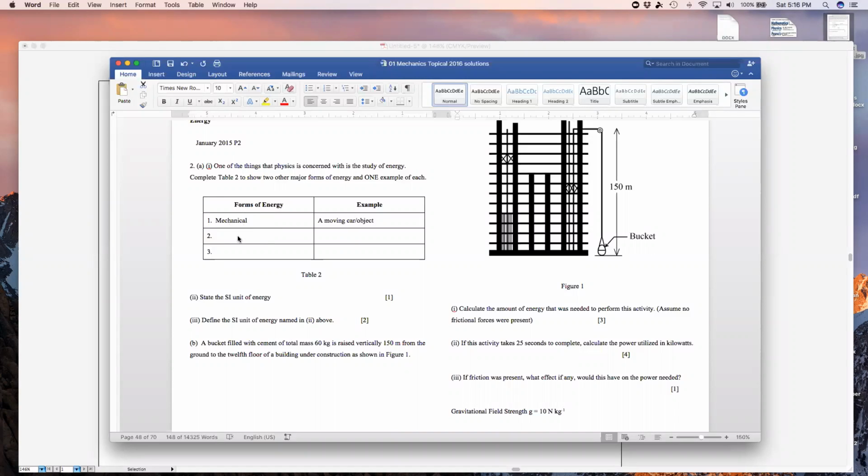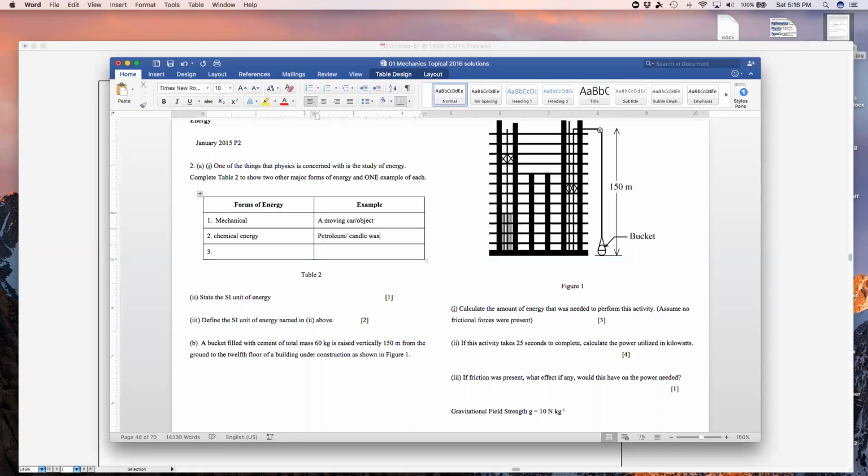Forms of energy and examples. For example, we can talk about chemical energy. The example of chemical energy would be, let's say, petroleum. Right? Petroleum will be an example of chemical energy, or it could be the candle wax.